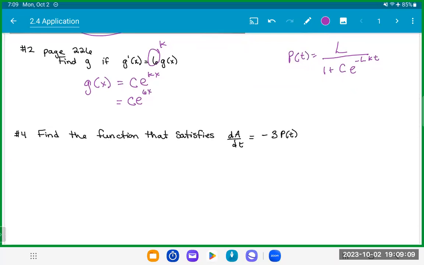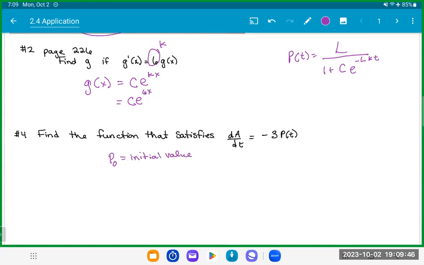Okay, so the next problem asks us to find the function that satisfies what we see here. And so in this case, if we let our initial population at time t equal to 0 be p naught, p naught is just p sub 0, but really that is just your initial value.